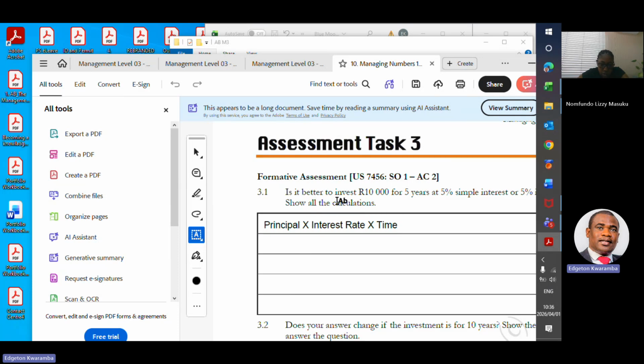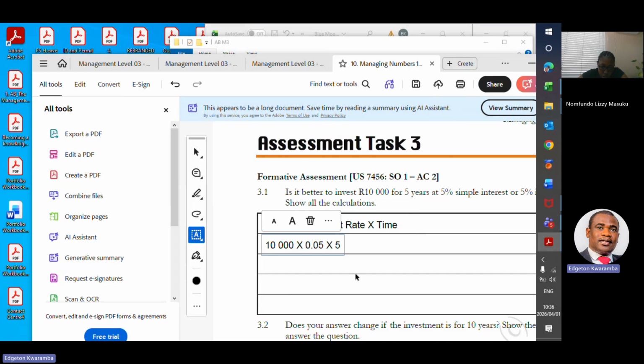In this instance, the principal amount is 10,000 rand. Interest rate is 5%, so we can even call it 0.05, or if you're doing it in a calculator, you can say 5%. Times time, they say 5 years.